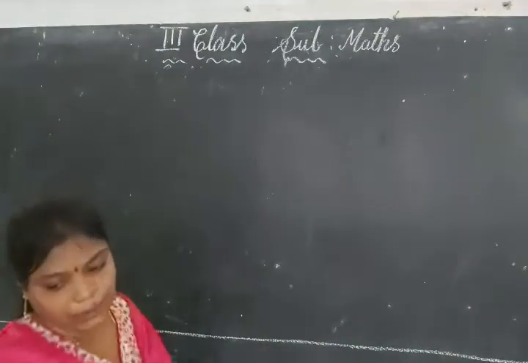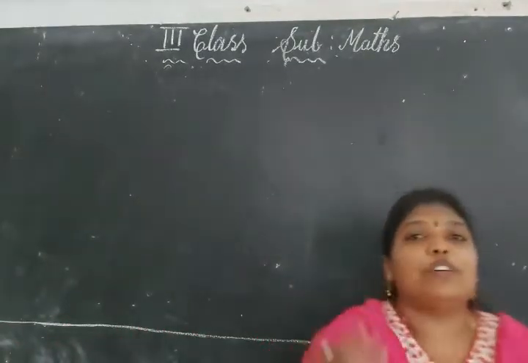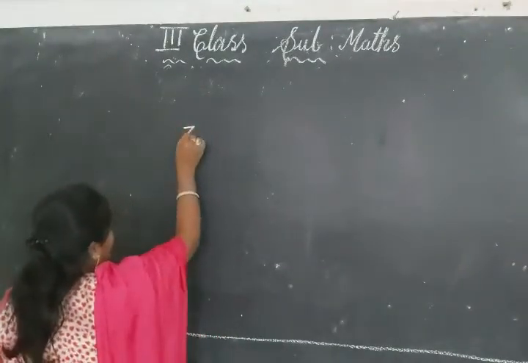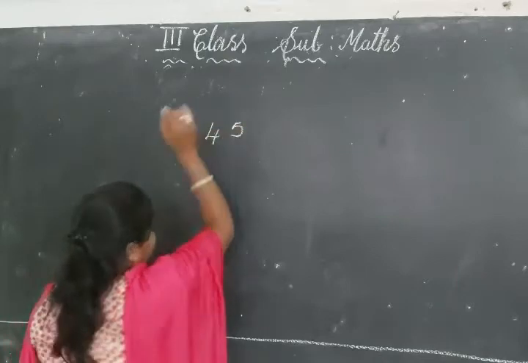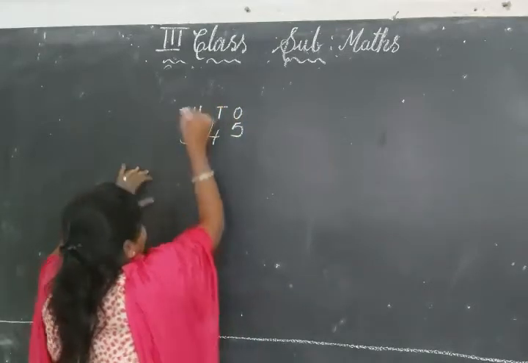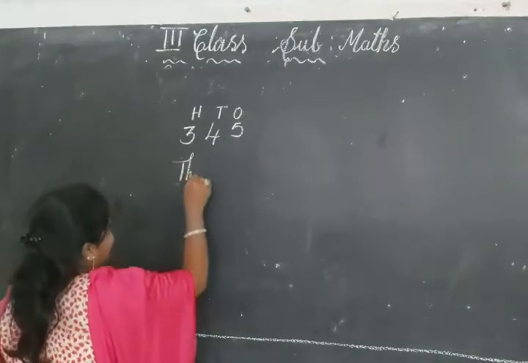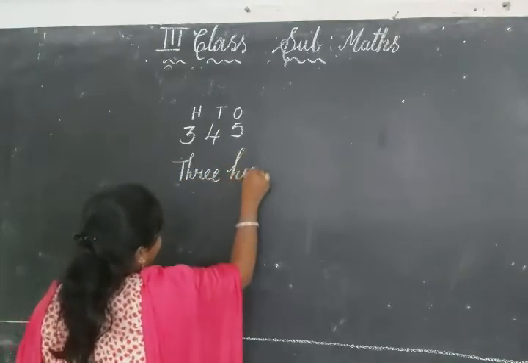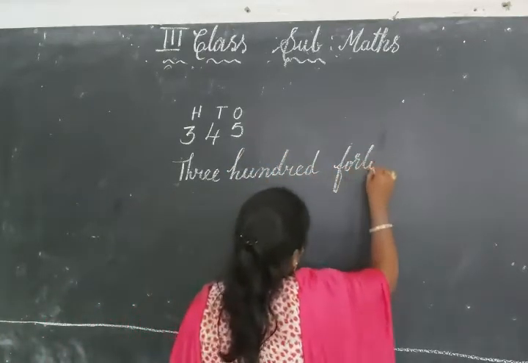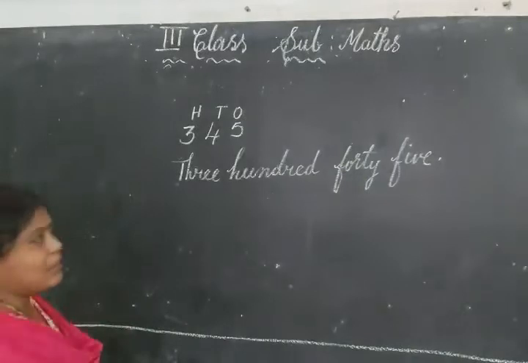Now, coming to number name. How to write the number name? To write number name, just write however you are reading the number. For example, take the number 345. We are reading it as 345. So write just like that. Let's read some other example.